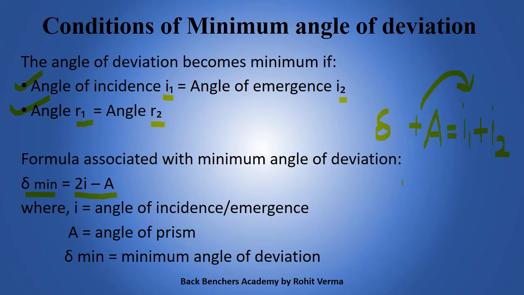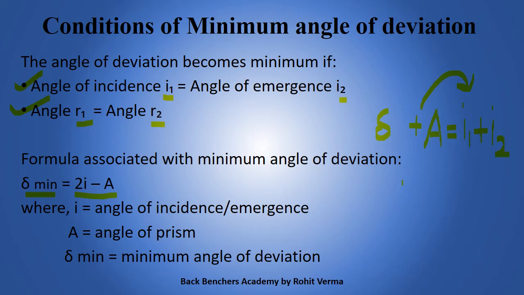So when both are correct, we associate it with one formula which we've studied previously, which is del plus A equals I1 plus I2. We just observed this formula a few seconds back on one of the previous slides, and I told you it is pretty important, as questions can be framed on this.